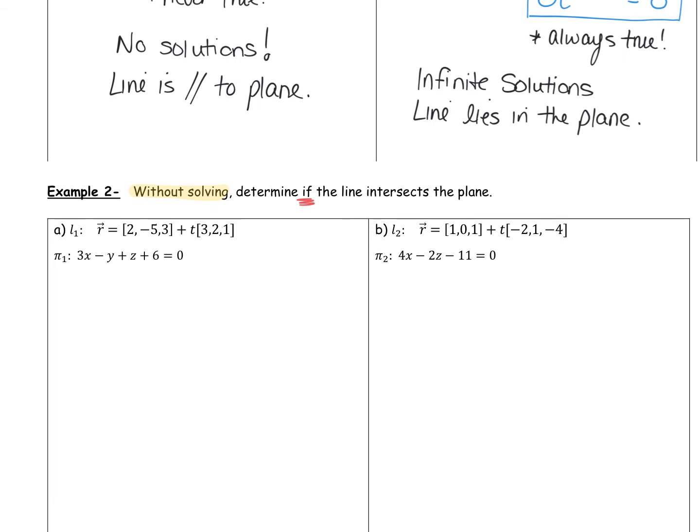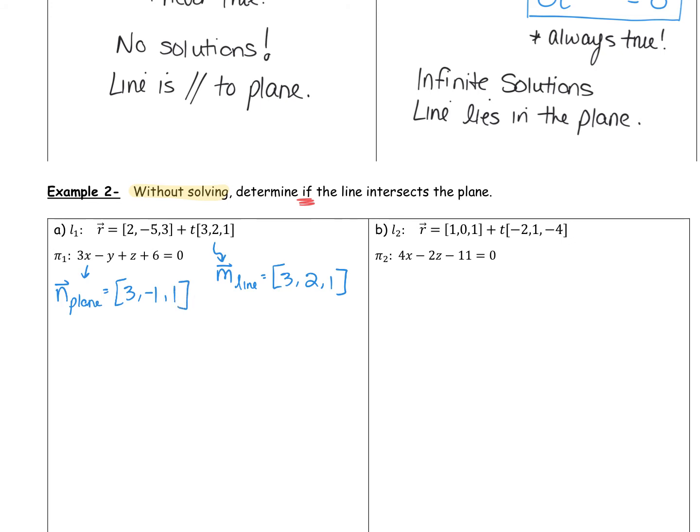Okay, so we've been given our line and our plane. Right from that, you can see that the direction vector for the line is equal to 3, 2, 1. And the other piece of information that you're given is the normal of the plane, right? And that would be 3, -1, 1. And I hope you can see that from those equations.